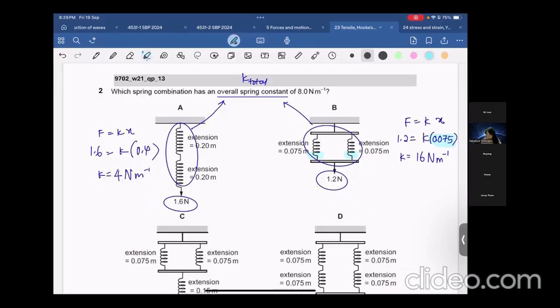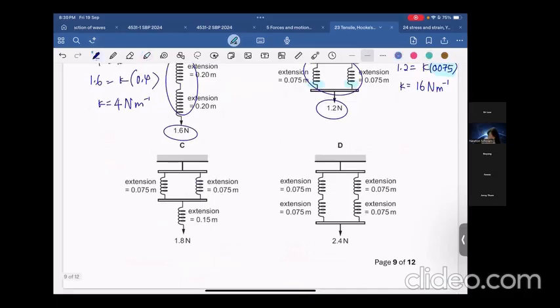Okay, next, this one, if you do it properly, F equals to Kx. Overall force is 1.8. K overall, we don't know. Total extension: this one extends here and extends here. So 0.075 plus 0.15. My answer for this is 8 Newton per meter.